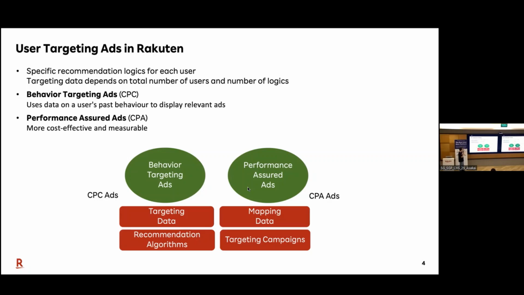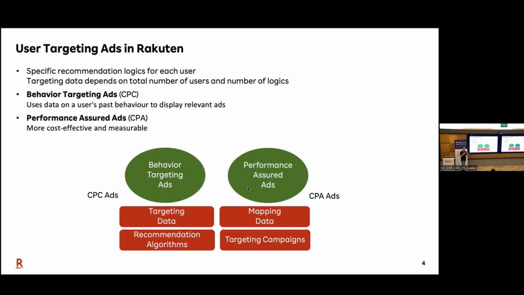And another more advanced type of ads is called performance assured ads. Sometimes we also call it CPA, because merchants or advertisers only pay for the ads whenever the advertisement is converted to action. In our e-commerce case, the action means a purchase.